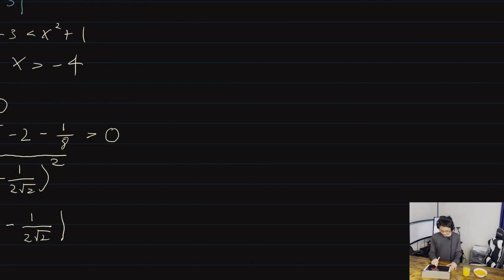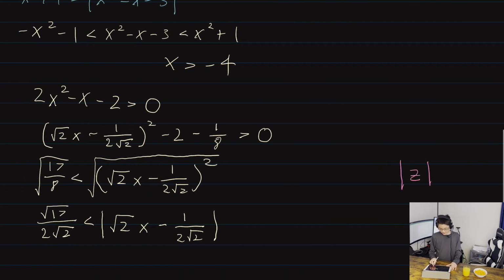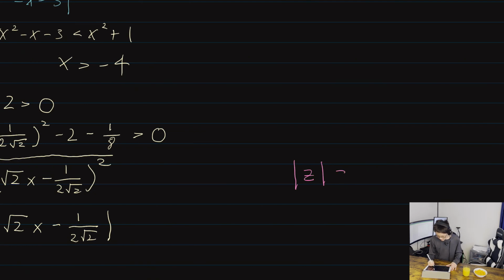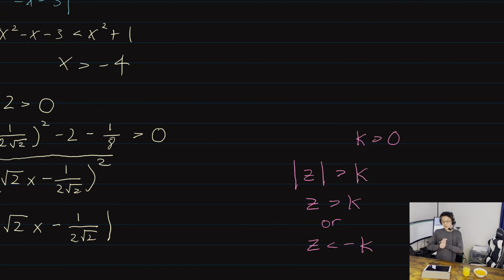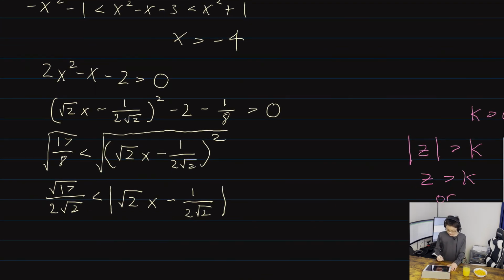So now we have the absolute value of z, and this is going to be greater than a positive value k, where k is greater than 0. So there are 2 ways that this could happen. One is if z is greater than k, or z could be less than negative k. So let's take what we got here and apply it to what we had earlier. So there are 2 ways.